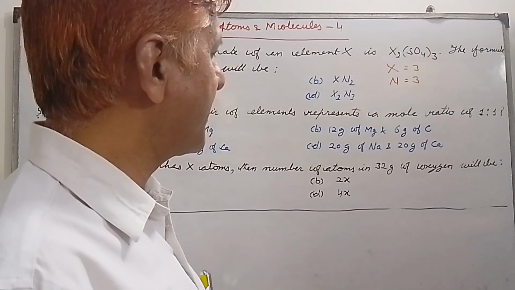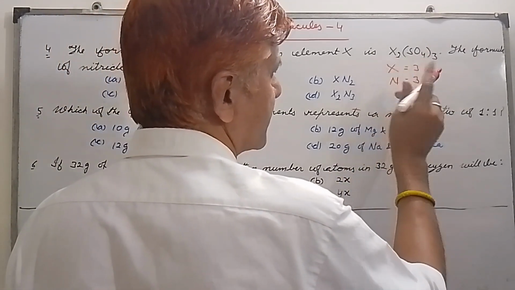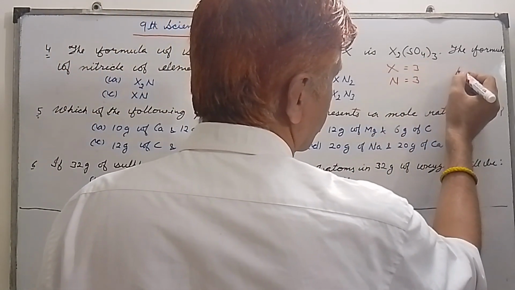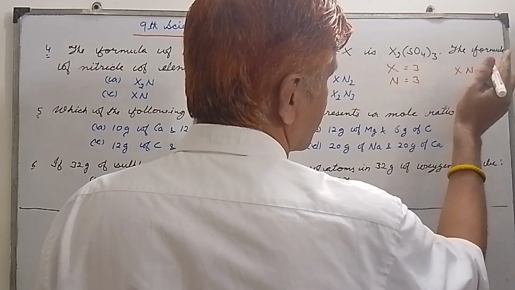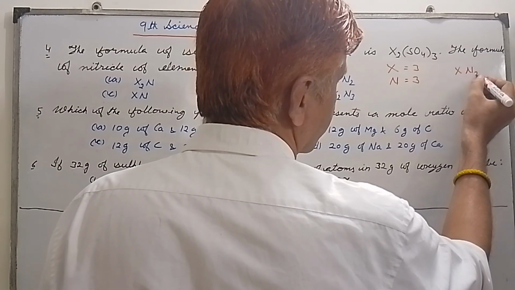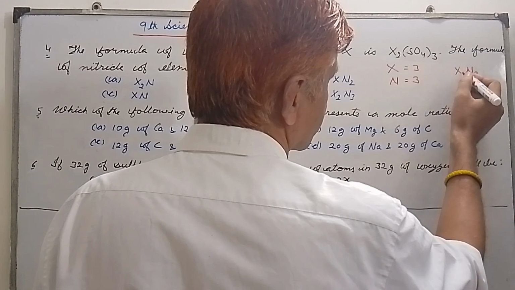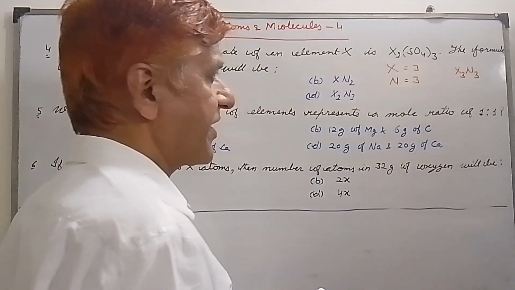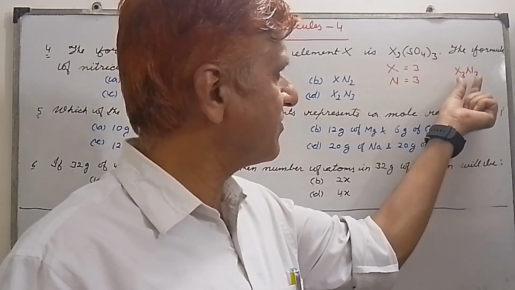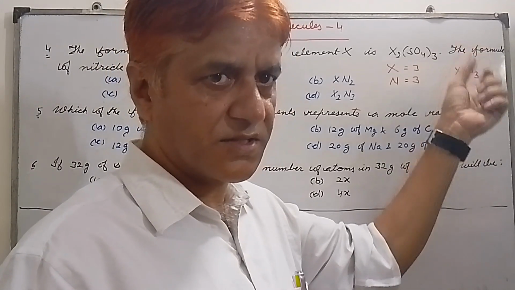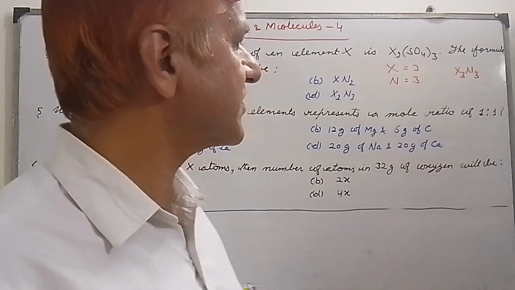Now when we write the formula of the compound XN, how will we write the formula? Valency of X will become the subscript of N, and valency of N will become the subscript of X. So by exchanging the valencies of the elements involved, we write the chemical formula of that compound.